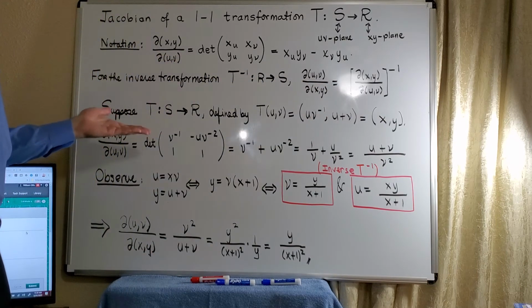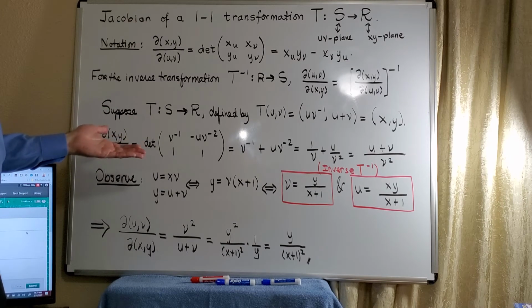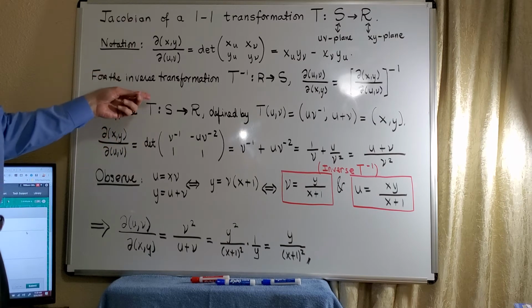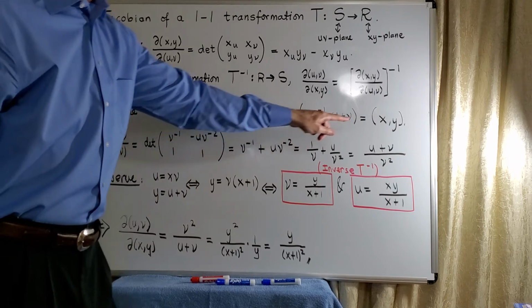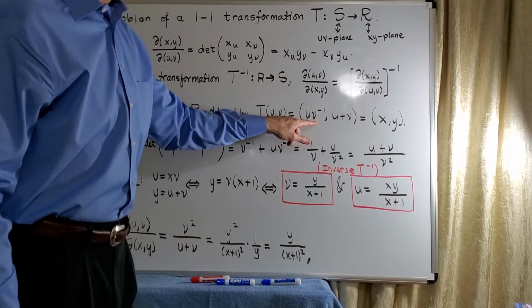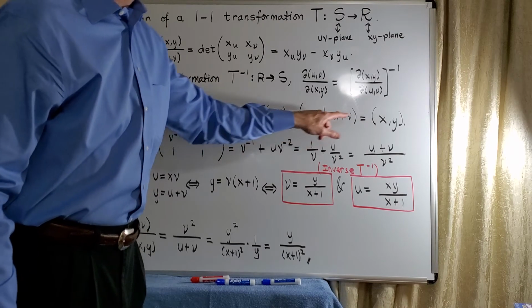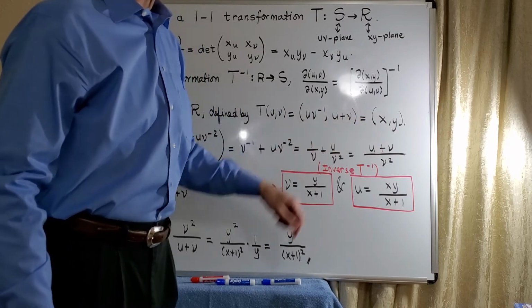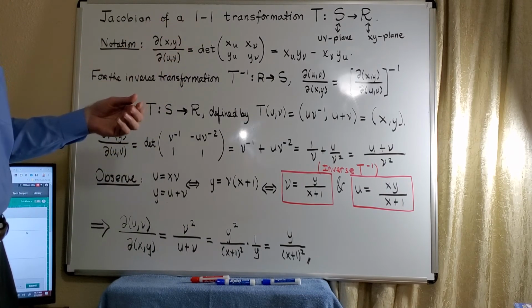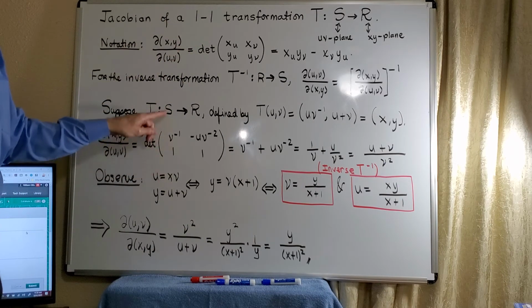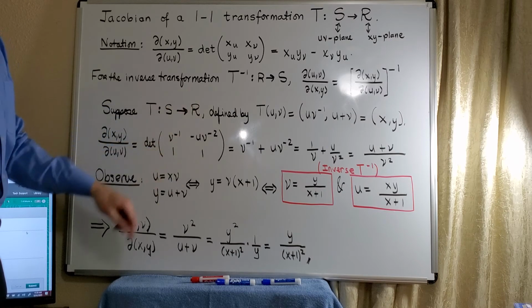So let's look at a particular transformation. We have a transformation T from S into R defined by the following. That is, x is u times v reciprocal, and y is just u plus v. Now, if we follow the definition, we do the column of u partials and the column of v partials.